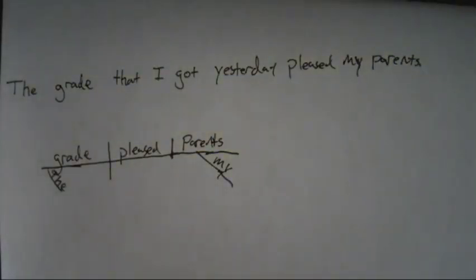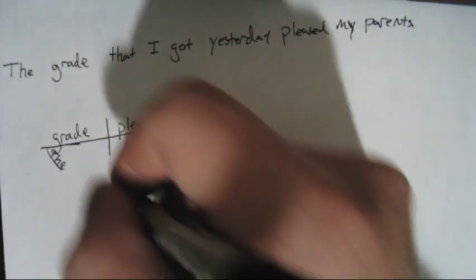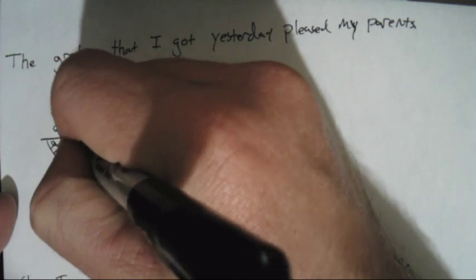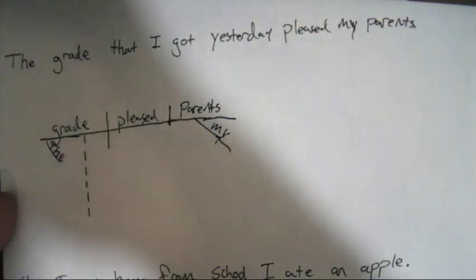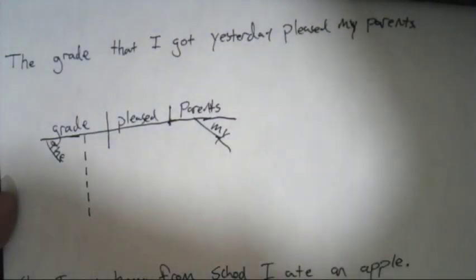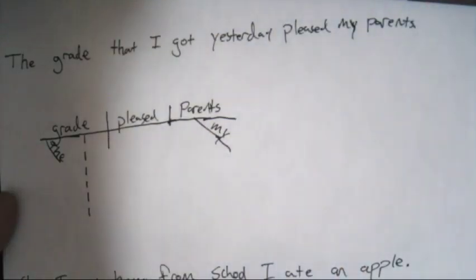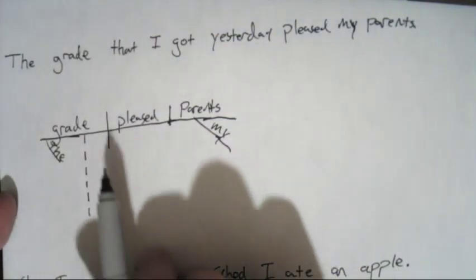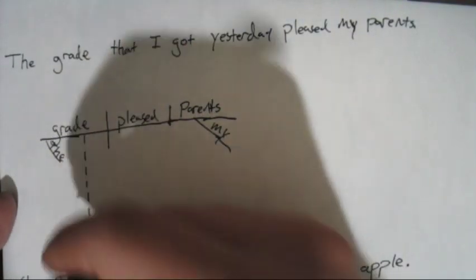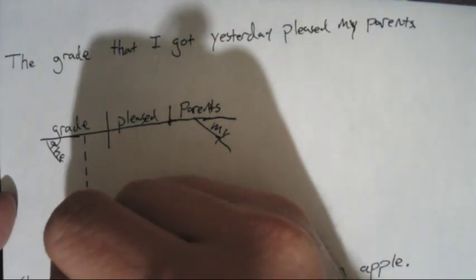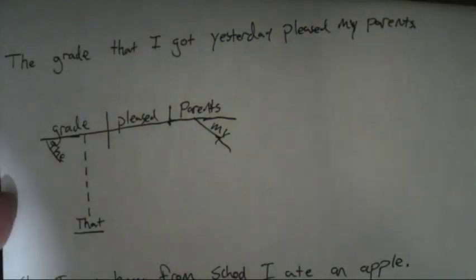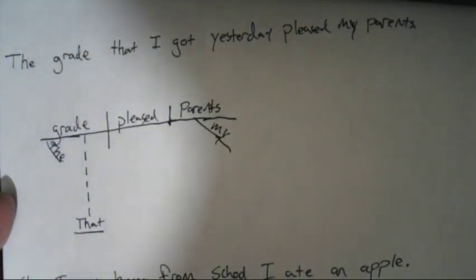So what we're going to do is draw a dotted line. Looks like this. Or a dashed line, I guess. And we're going to connect it with the word that. Okay, the grade that. So write that right down here. Now, this is where it gets kind of funky. All right?